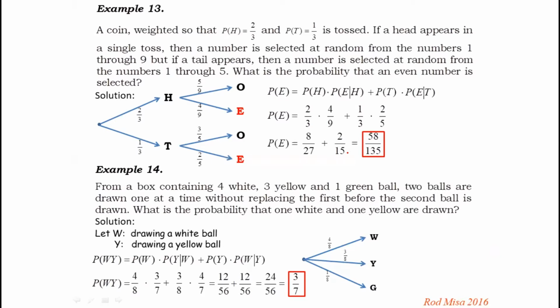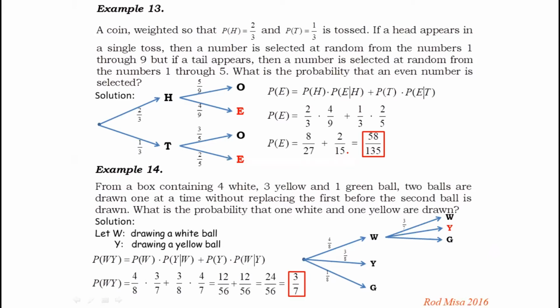And after drawing the first ball, we can draw our second ball without replacing the ball after the first draw. So you can draw a white or a yellow or a green here. And drawing a white ball from this box is 3 out of 7, since we have a remaining of 3 white balls from this box out of the 7 balls here.